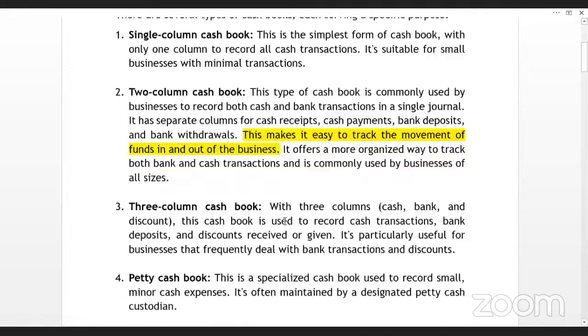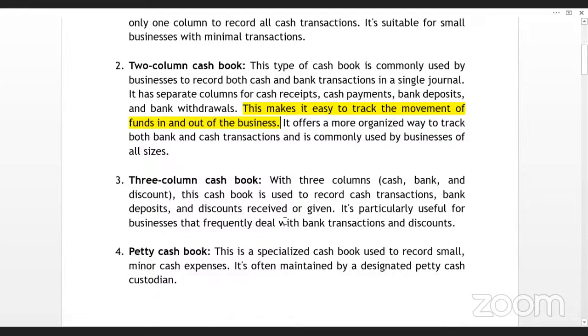A petty cash book is a specialized cash book used to record small, minor cash expenses. It is often maintained by a designated cash custodian, who will be responsible for the petty cash, known as a petty cashier.